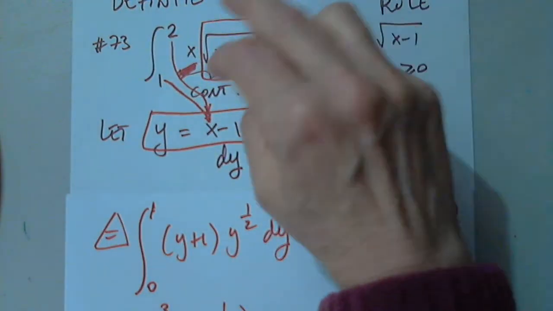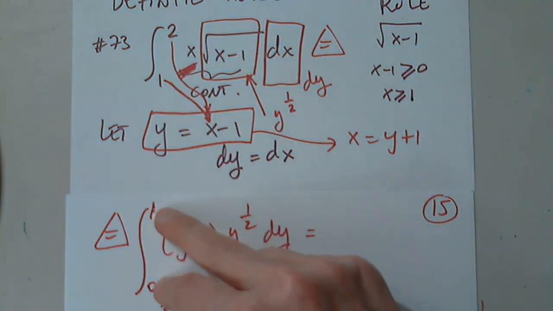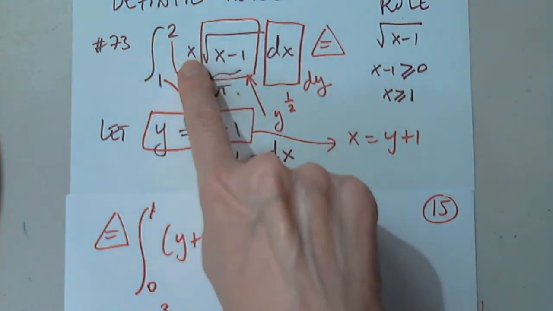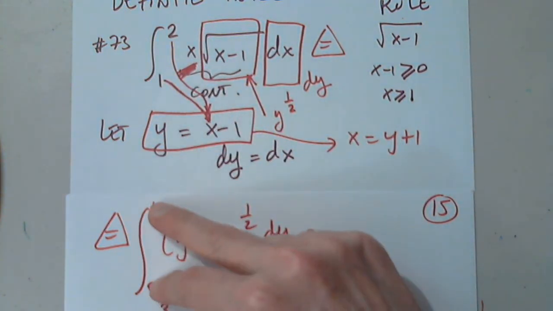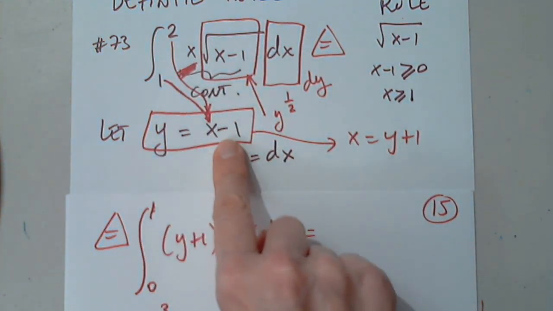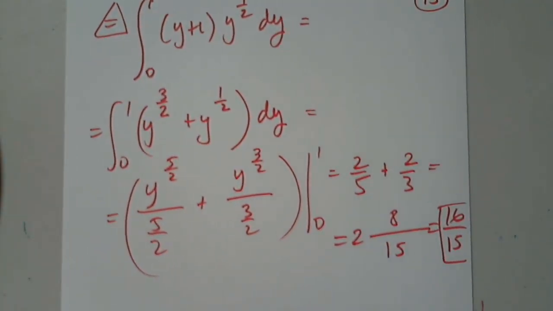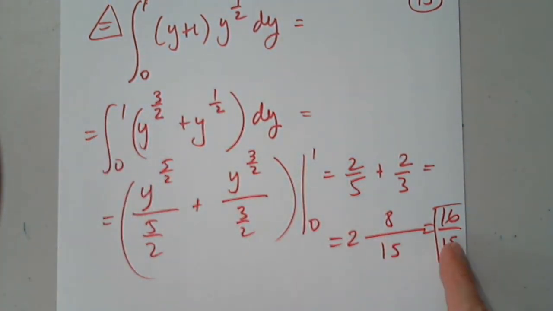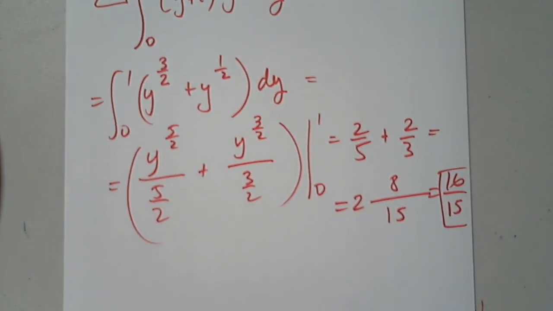You cannot copy the limits here as 1, 2, because these limits are specific for x. These limits now are specific for y. And the answer is a number. So please do not go back to the given variable. You don't need to. You continue with y, and you get your final answer. And yes, this is verifiable using the calculator.